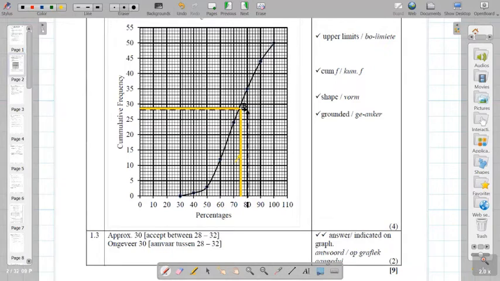From the x-coordinate, we go up. Let me draw in red. So we go up and up and up. So then when you find the point, then you go left and left and left. So whatever that coordinate is, your estimation. And as you see, any answer between 28 and 30 is accepted. So they give you a few values to get full marks.